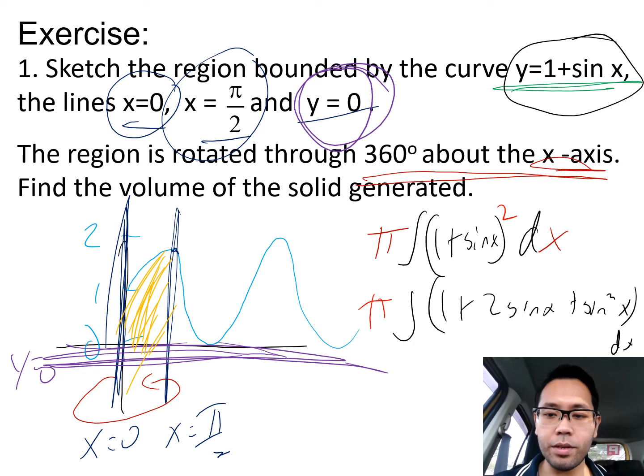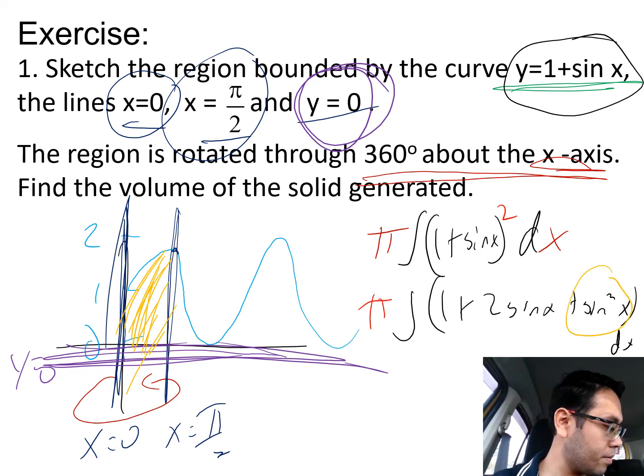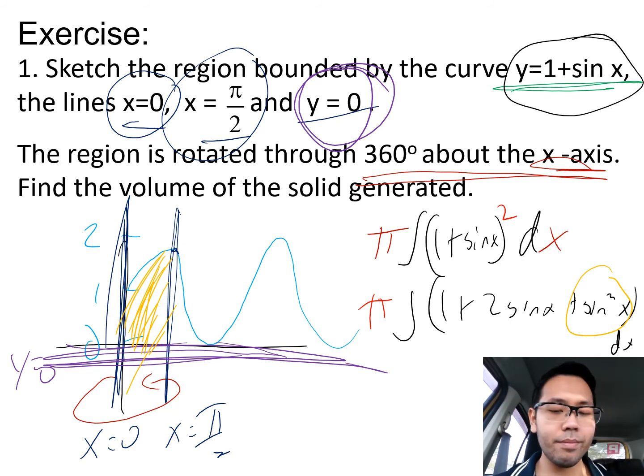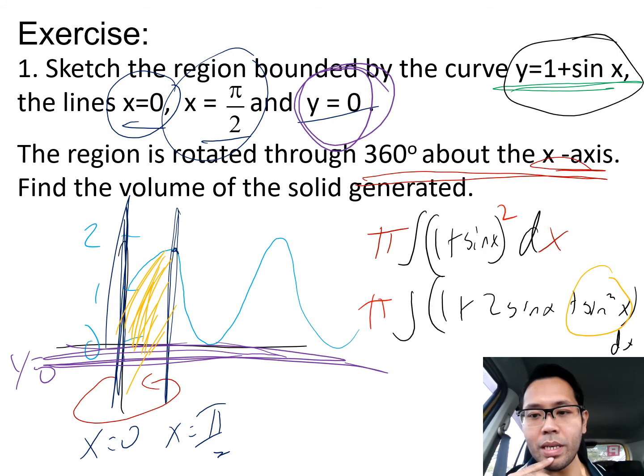How should you integrate sine squared? Any suggestion? IBP you only use when there are two types of functions mixed together, like x mixed with trigo. Here, this is sine squared, so you should not use IBP. Can you integrate sine squared directly? Can I get sine cubed x over 3?